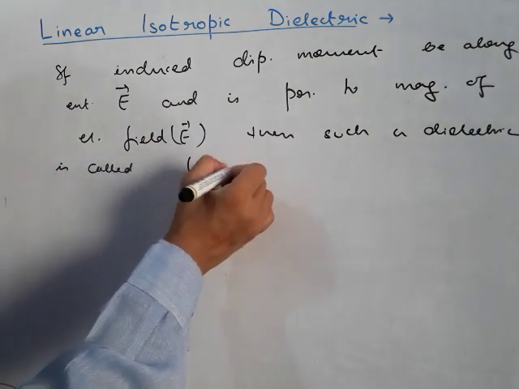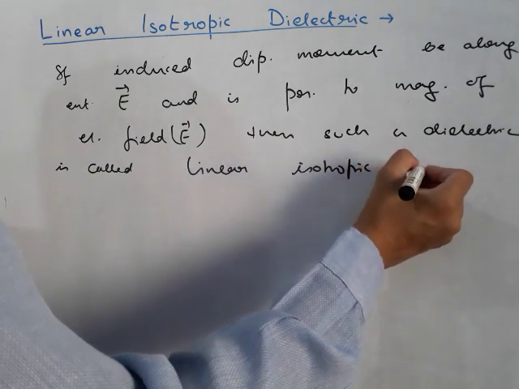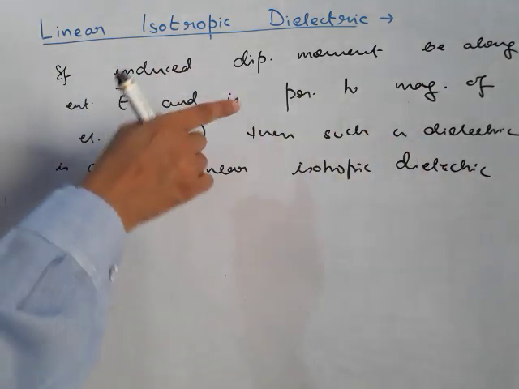Linear isotropic dielectric. It has a linear relationship with the electric field.